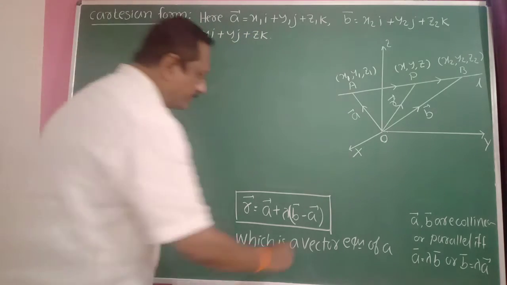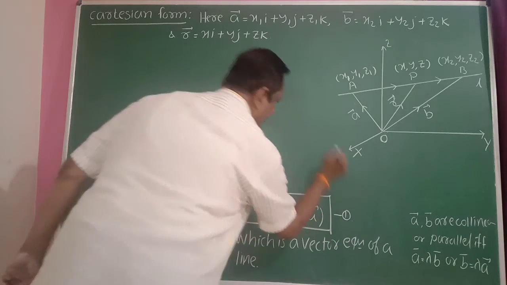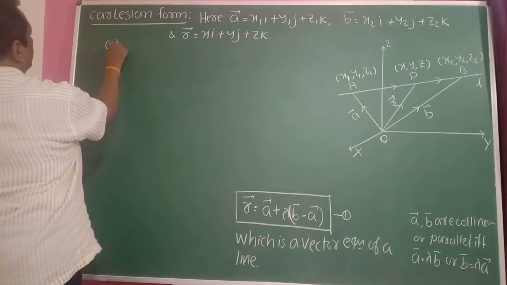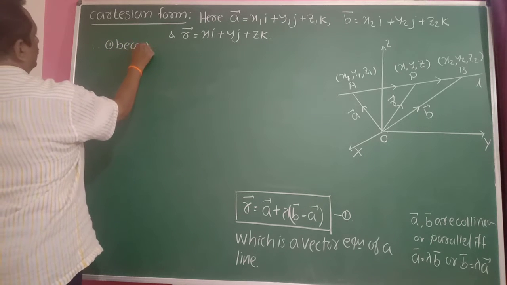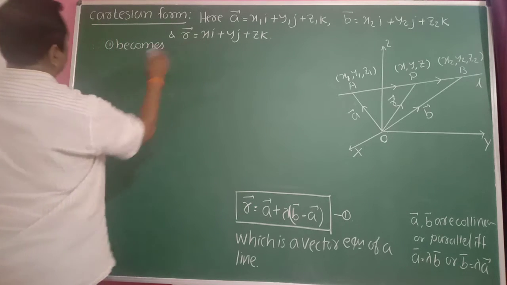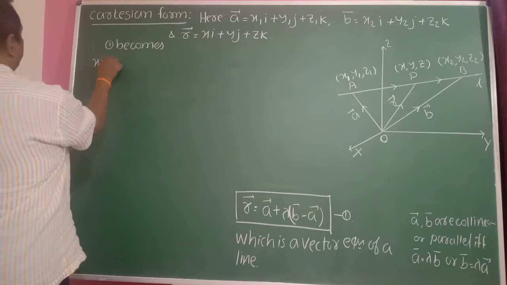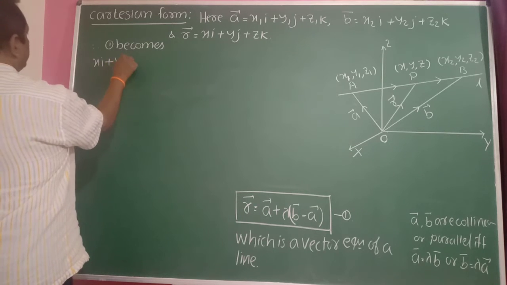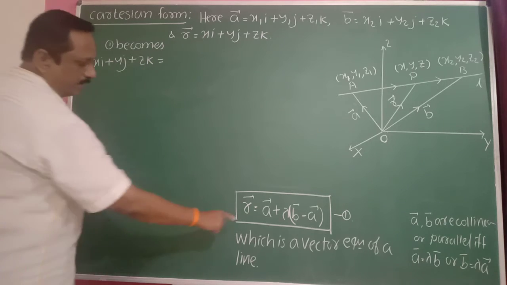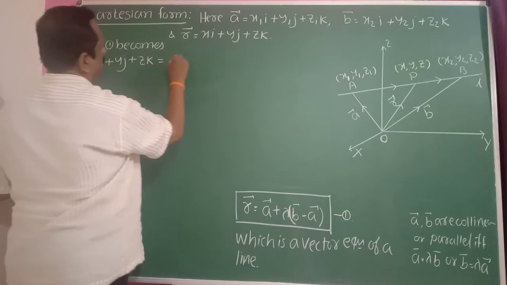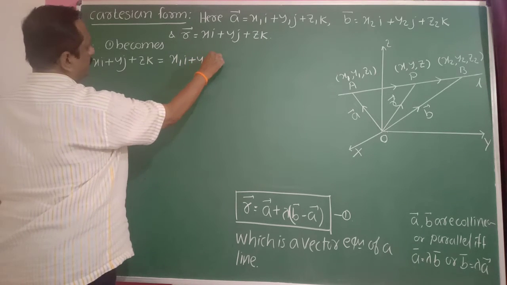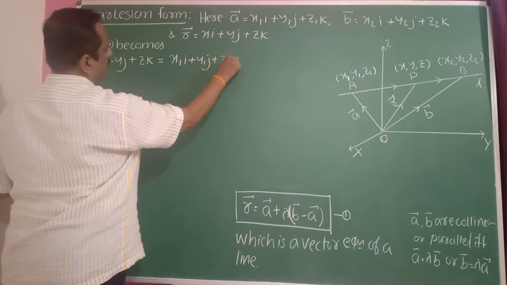So use these in this equation. Take this one as equation number 1. Therefore equation 1 becomes: on the left side, R bar is this vector, so x i plus y j plus z k is equal to A bar, which is this vector, x1 i plus y1 j plus z1 k.